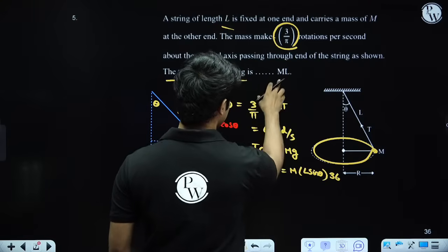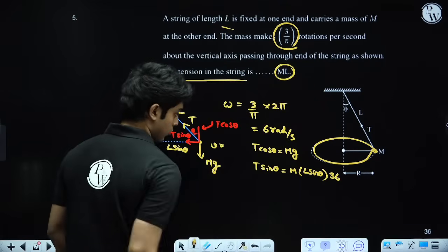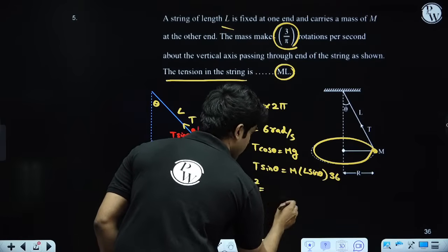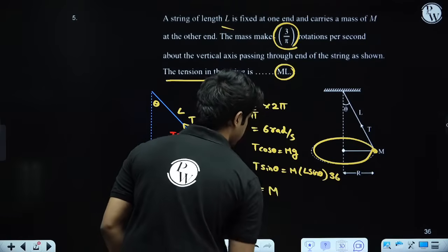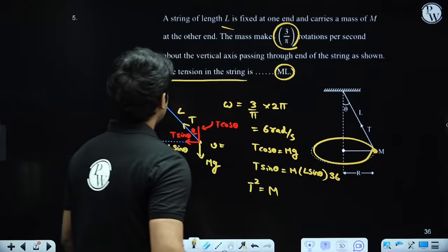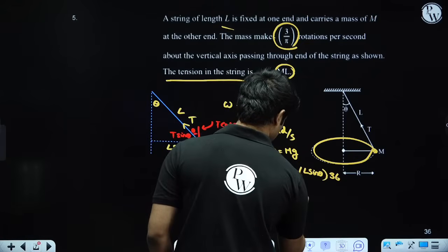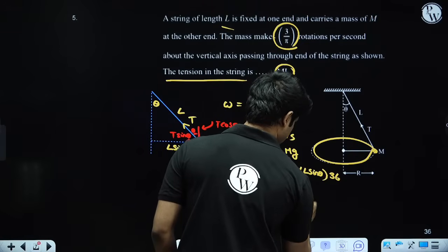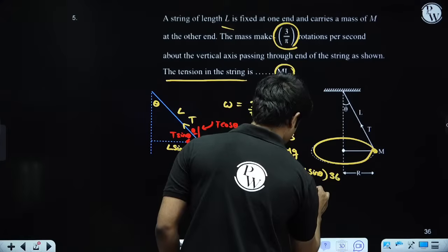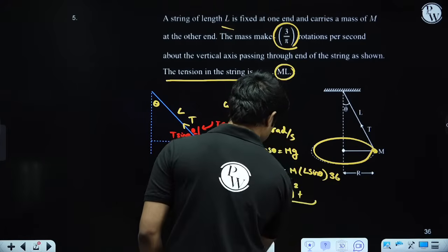No, actually we need tension in terms of mL, right? So we'll square and add both of them. So we'll get T square on the left side, and on the right hand side we get m times, okay, so here it will be g square plus... oh, actually we just needed this equation.